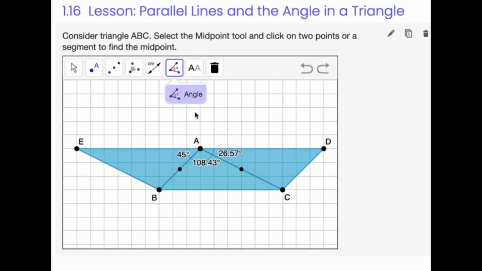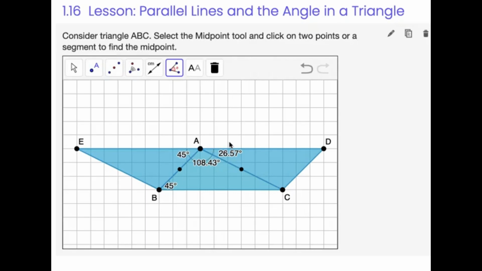Let's measure it and double check. Let me try that one more time. There we go. And it comes out to be 45 degrees.